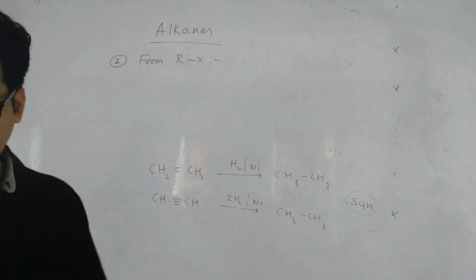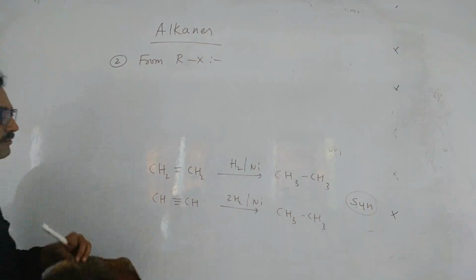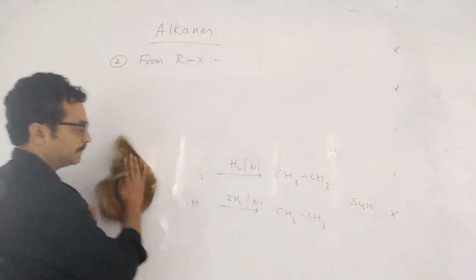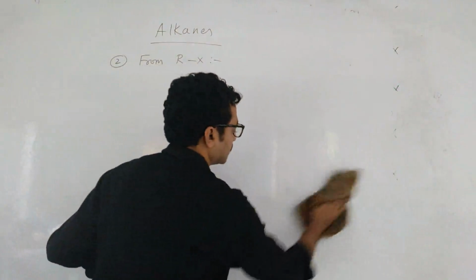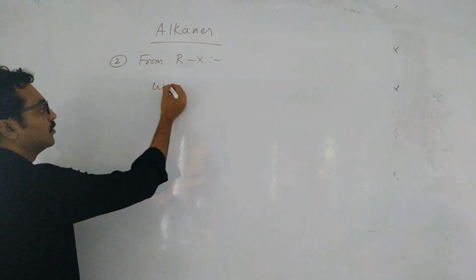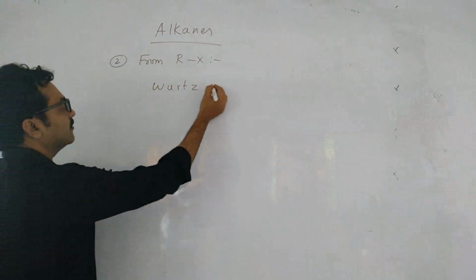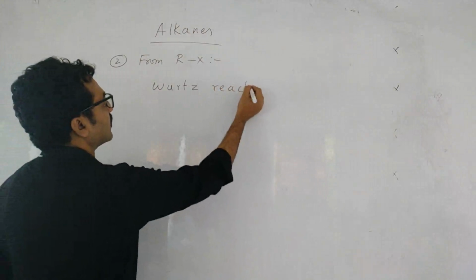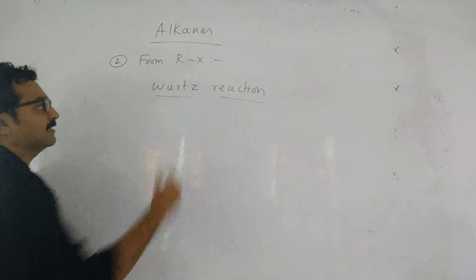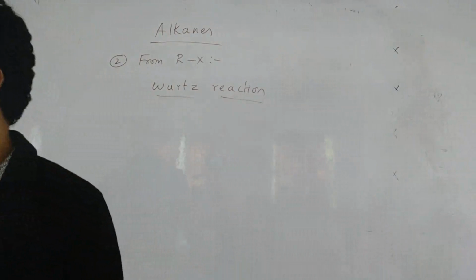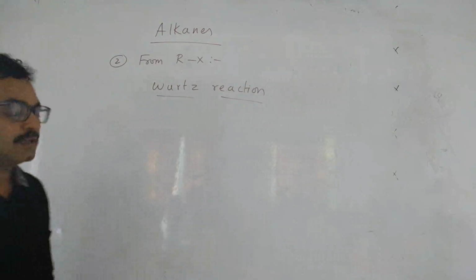From alkyl halides, we can prepare alkanes in how many ways? 4 ways, mainly. So what is the first one? Wurtz reaction. Have you heard about it? It is also a named reaction, right?